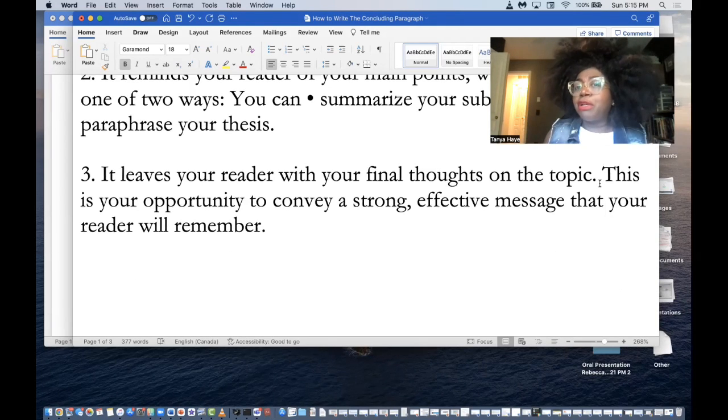And the third purpose is to leave your reader with your final thoughts. And this is where you want to ensure that they got the message, the overall message, and you want to find a way to reinforce your final thoughts or reinforce your message.